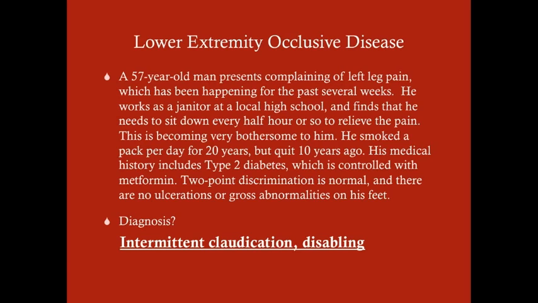So this guy has disabling intermittent claudication. Of course, he's got the risk factors: type 2 diabetes, he's male, he's a little bit older. But it's likely not diabetic neuropathy because he's got a normal neurologic exam and there are no ulcerations or gross abnormalities of the feet.